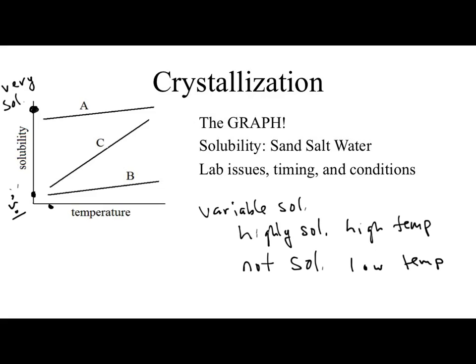We could then go through and say, at that point, we are cold or low temp. Over here, we're looking at hot or high temp. So if we go to try and match things up, at high solubility and high temperature, what curves match that? A and C. So we're looking at somewhere up in that quadrant.